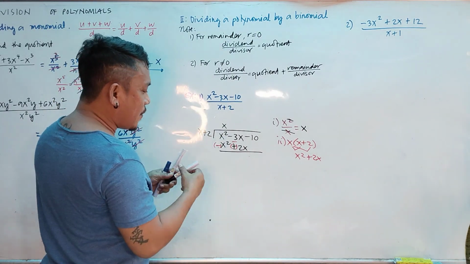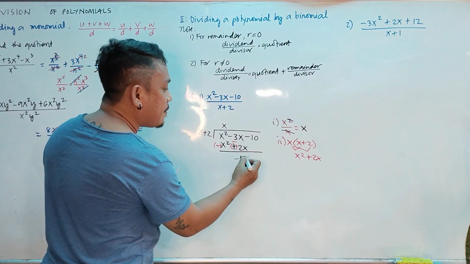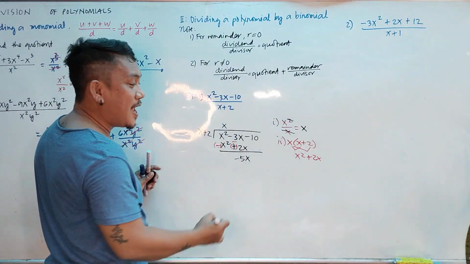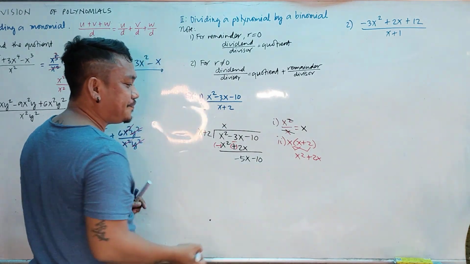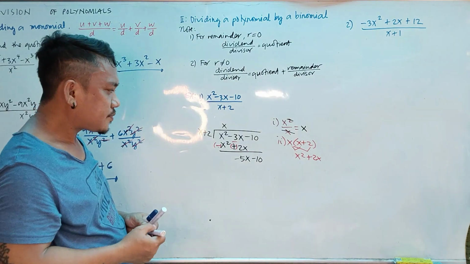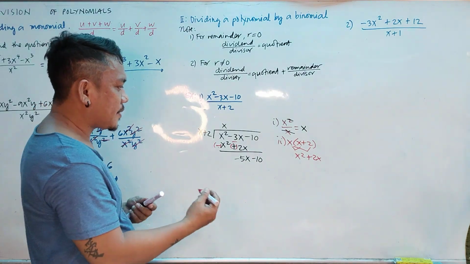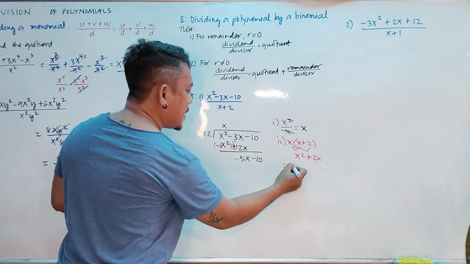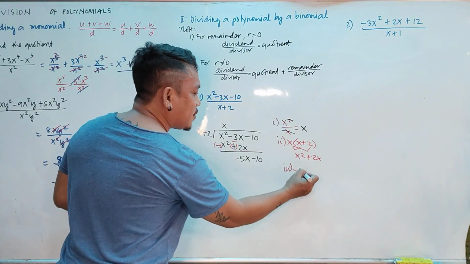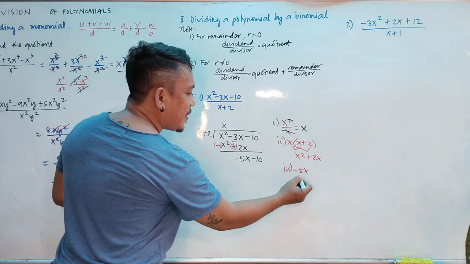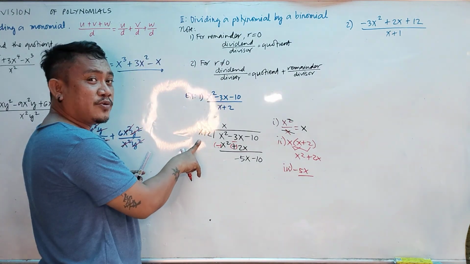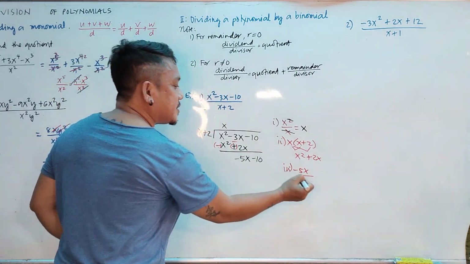Negative 3 minus 2, you have negative 5. You just copy x. Then, bring down minus 10. So, next step. Negative 5x, again, we divide by the first term of the divisor, x.